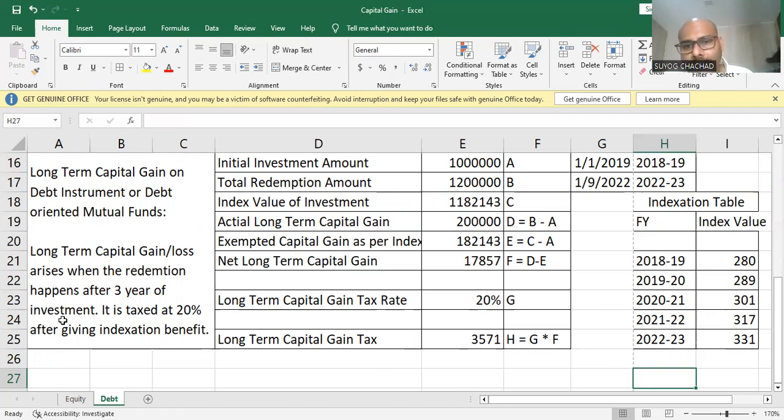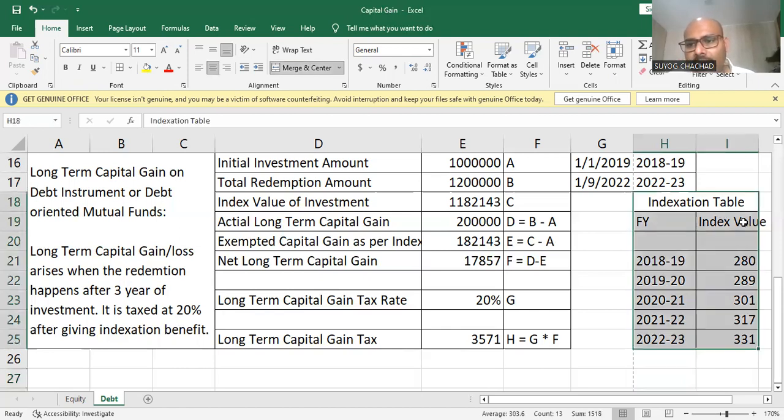First, again, take an example that we invested 10 lakh rupees, and on 1st September 2022, we have withdrawn 12 lakh rupees. Now we have to calculate the indexed value or indexed cost of your investment. Here I have given an indexation table and the respective index value for each financial year.